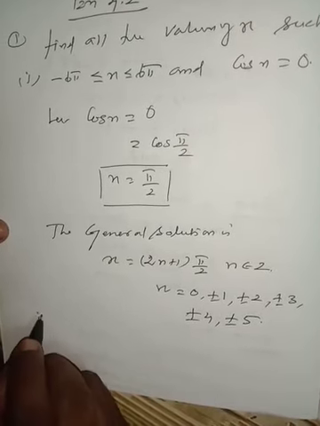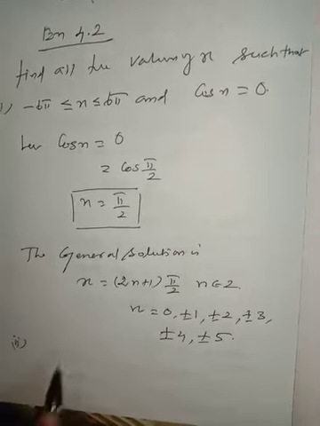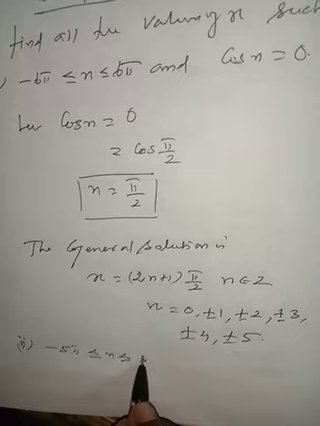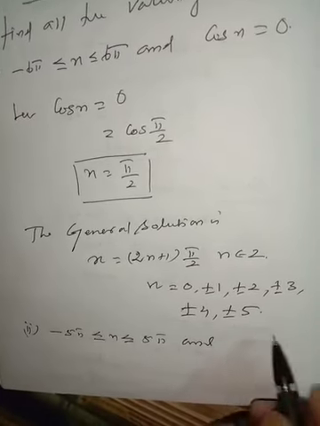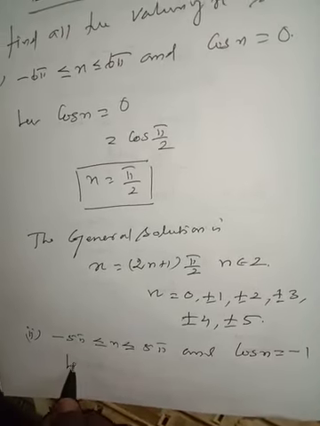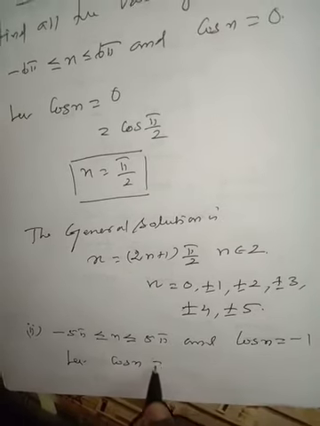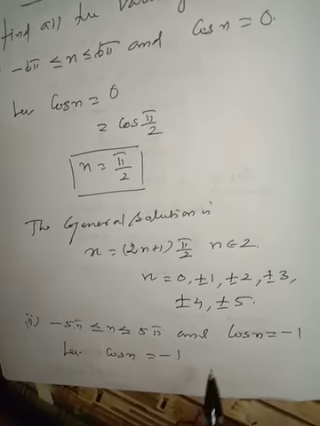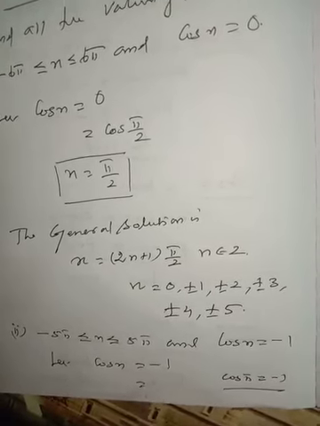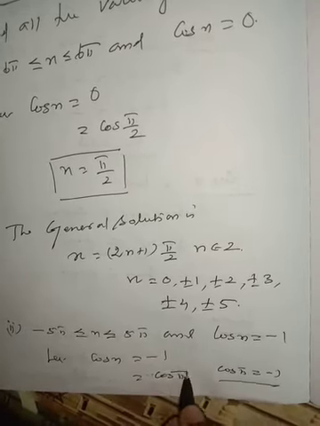Sum number 2. The range is minus pi less than or equal to x less than or equal to 5 pi, and cos x is equal to minus 1. We know that cos pi is minus 1. Therefore, the right hand side becomes cos pi. Taking cos inverse on both sides, x is equal to pi.